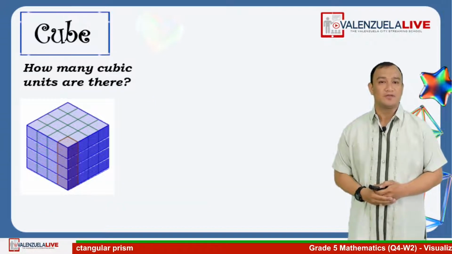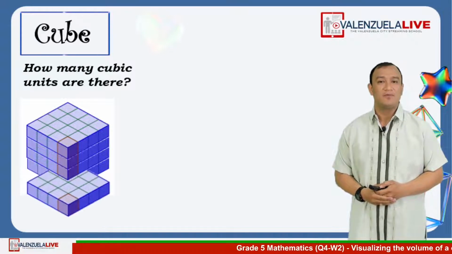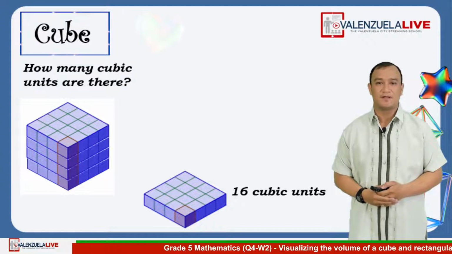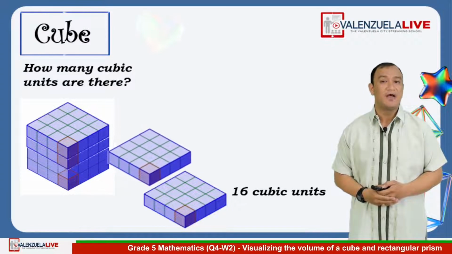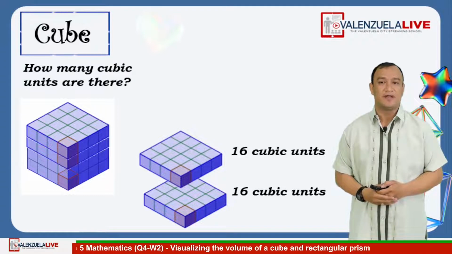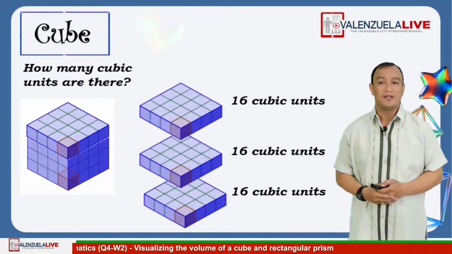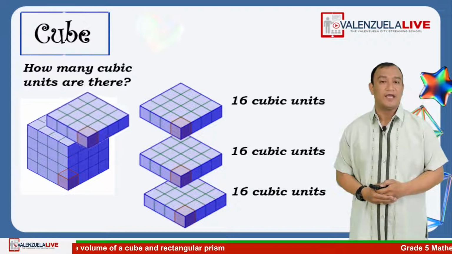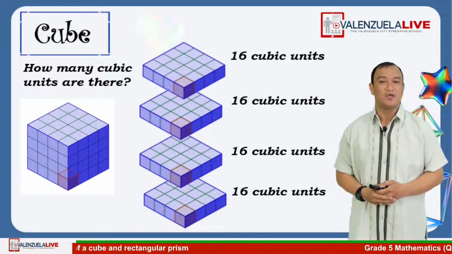If we are going to separate each layer, as what you can see, the bottom layer has 16 cubic units. The second layer has also 16 cubic units. And the third layer has also 16 cubic units. And finally, the fourth layer has 16 cubic units.